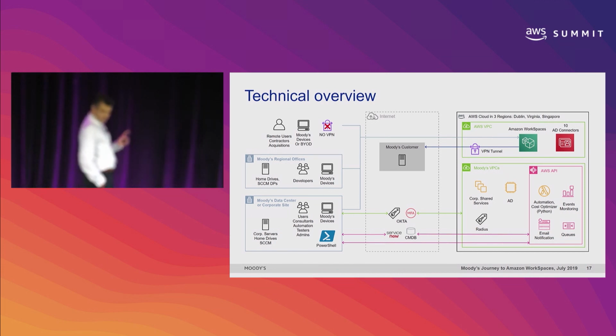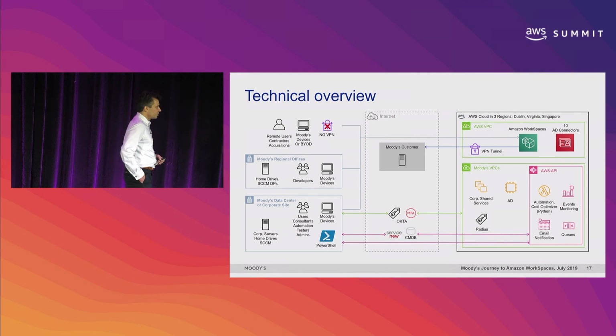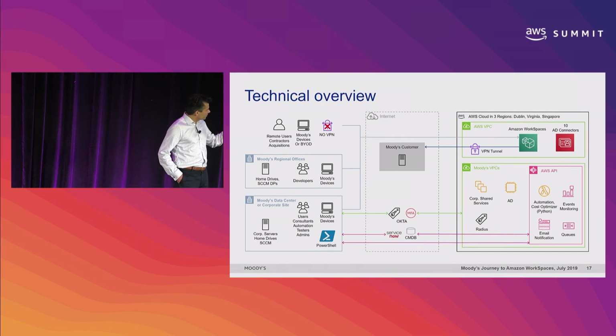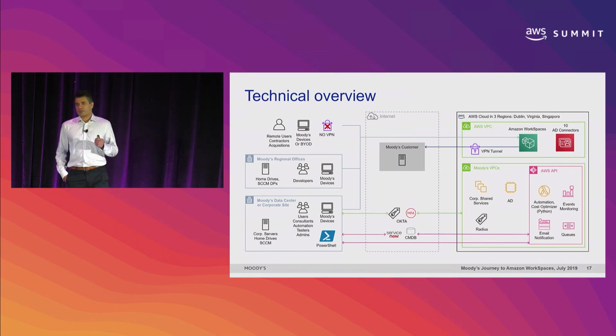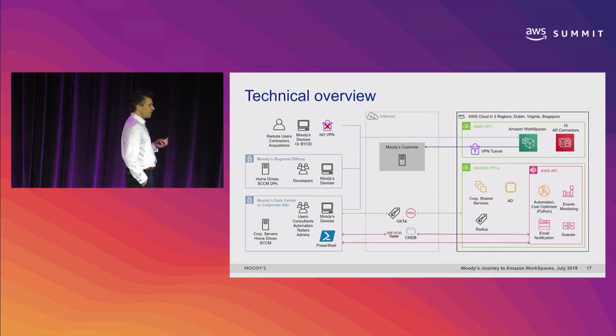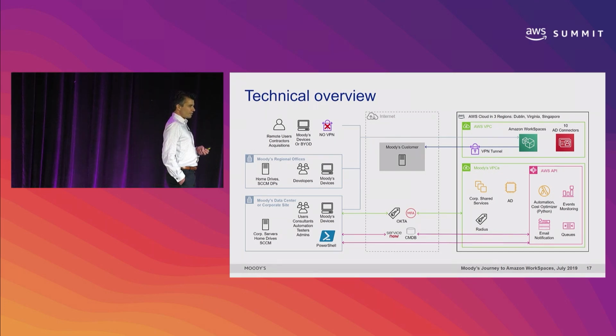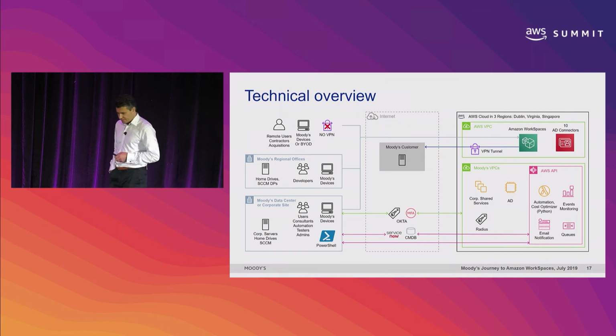A little bit more specific use case, which we just brought online recently, is in the middle. Some of our customer service agents, in order to be able to manage applications that our external customers use, need to VPN into their environment. And to do that with physical laptops globally was quite a challenge, so we never did that.